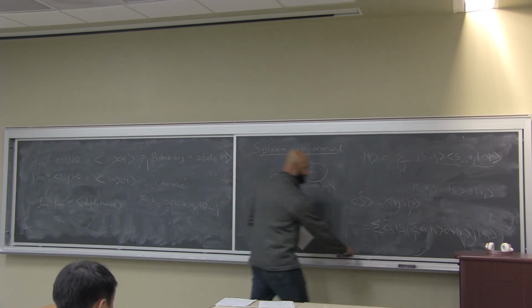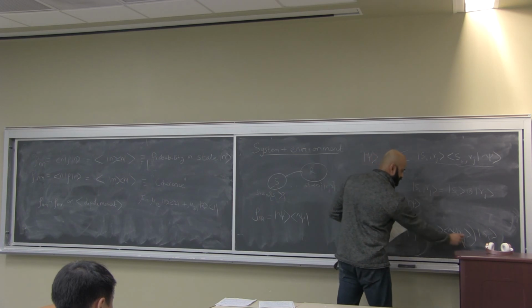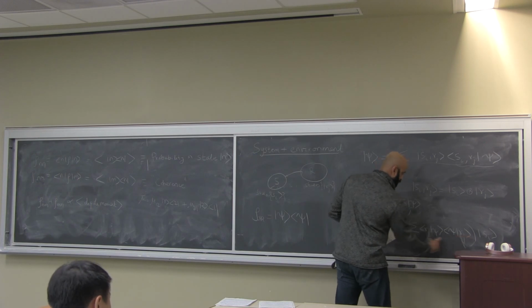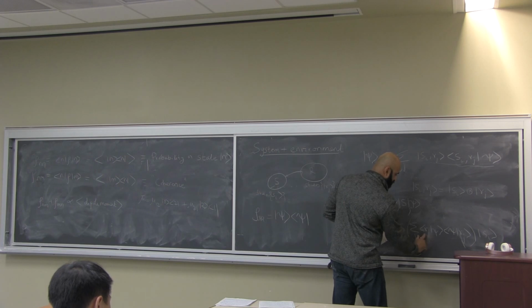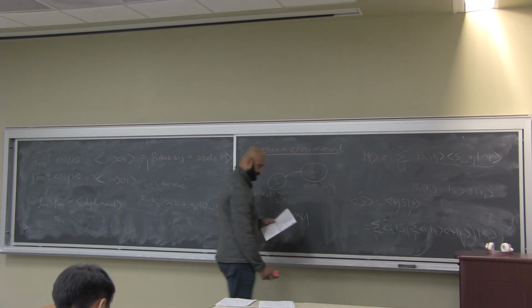This quantity in the big brackets here is what we call a partial trace, because what it amounts to is taking the state ket of the system and only calculating its matrix elements with respect to the Rj states of the reservoir.